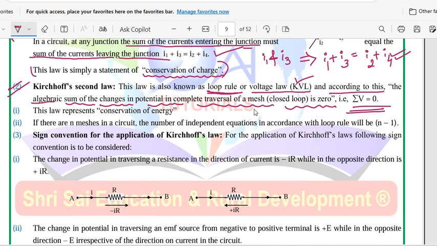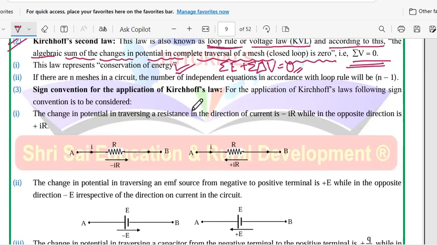And if you consider the EMFs, the sum of all the EMFs and all the voltages or potential differences is equal to 0. This is Kirchhoff's second law. So this law represents conservation of energy.